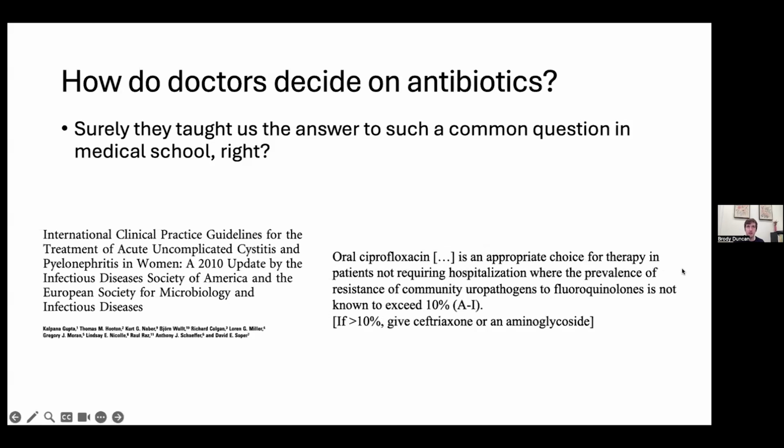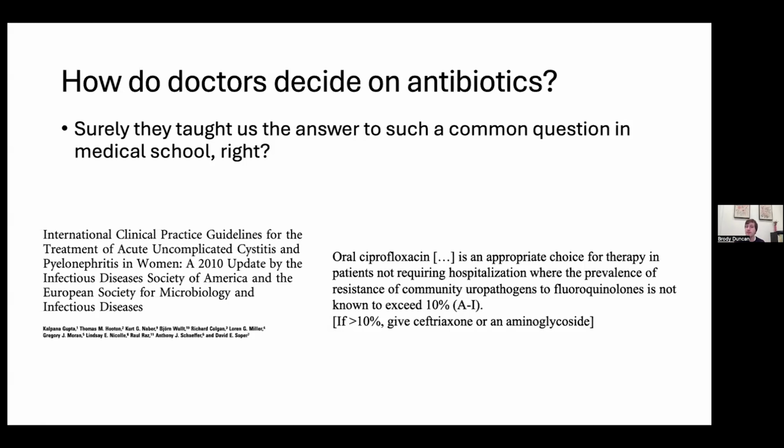However, if we were to be in medical school 10 years later in 2010, we can see that the language in this IDSA guideline is now saying oral Cipro is an appropriate choice for therapy in patients not requiring hospitalization where the prevalence of resistance of community uropathogens to fluoroquinolones is not known to exceed 10%. And they also have a very strong recommendation behind that.